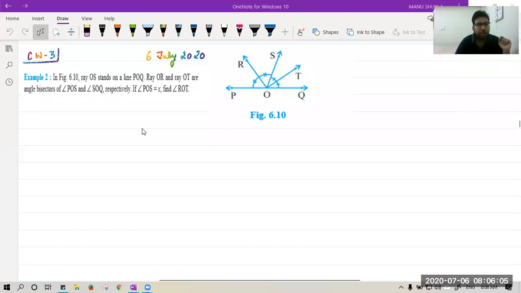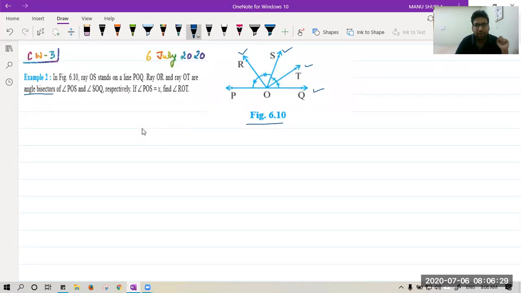Example number 2. In figure 6.10, you can see Ray OS stands on a line POQ. Ray OR and OT are angle bisectors.